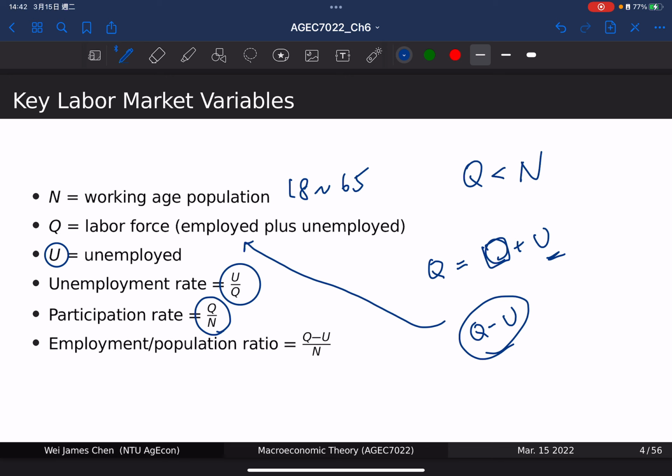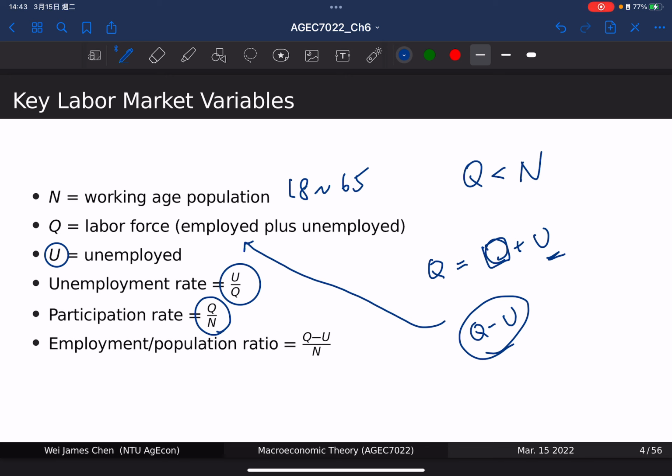There's another important reason why some people are not in the labor force that I forgot to say. This is sort of a trick, but basically all over the world, the government defines those people who are not trying to find a job as not in the labor force. For example, if you are a housewife or a house husband, you take care of your kids or your sibling, you don't work.